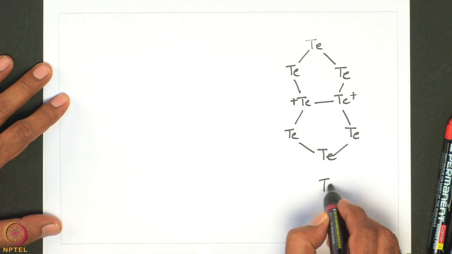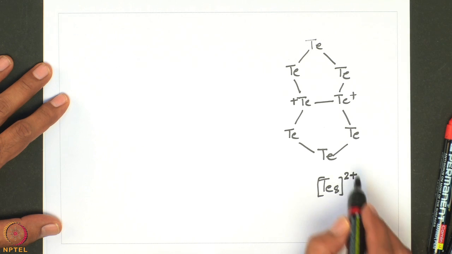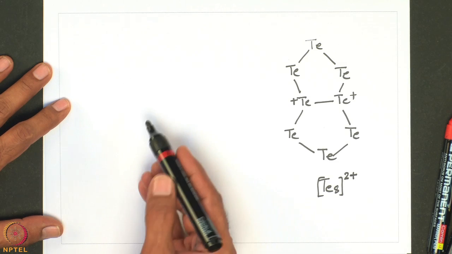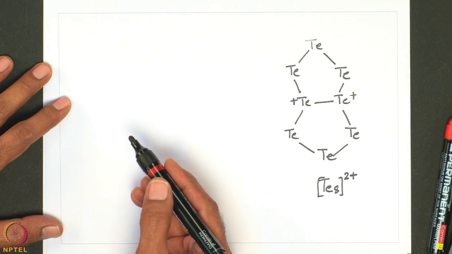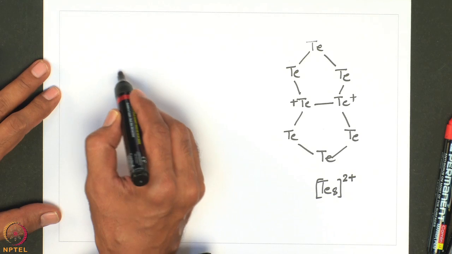Okay, so this is Te8 2+, this is very similar to the sulfur and selenium analog, whereas in case of Te6 4+, it has a trigonal prismatic structure.